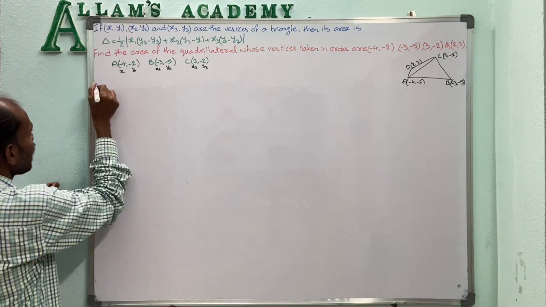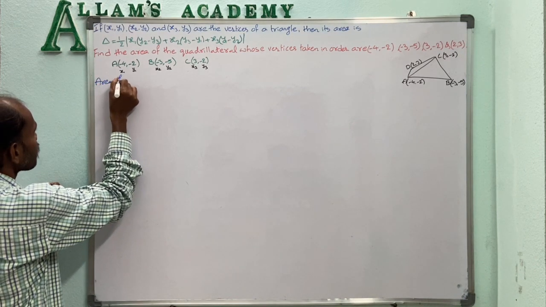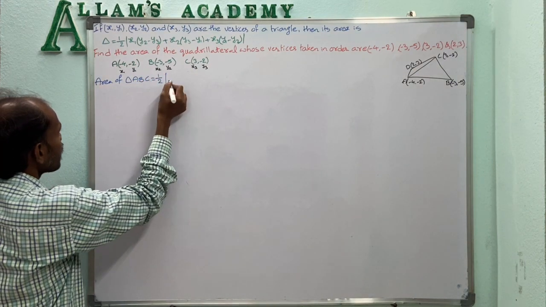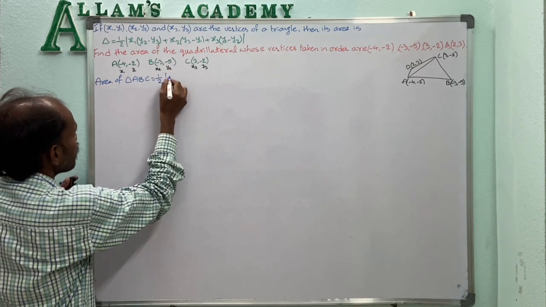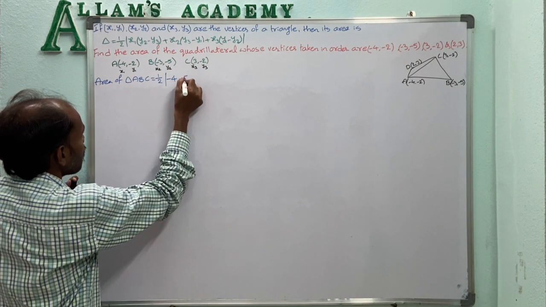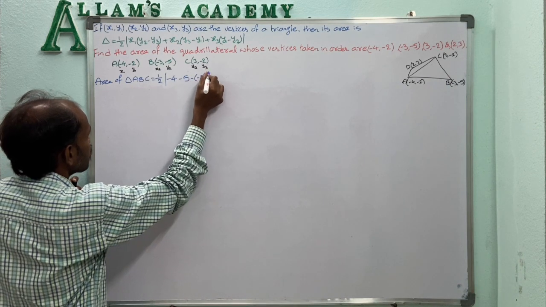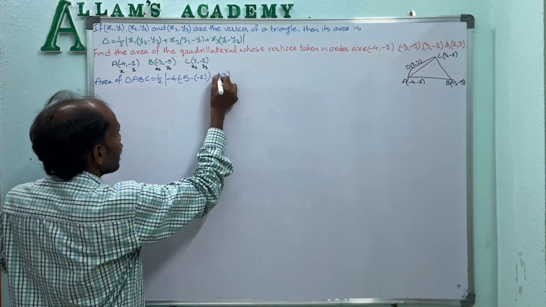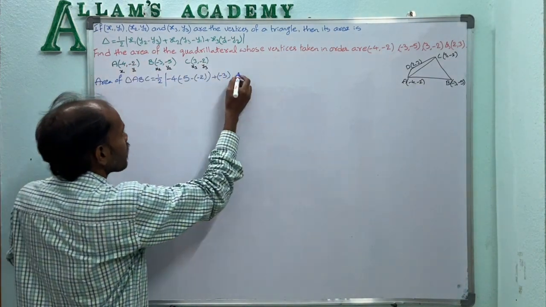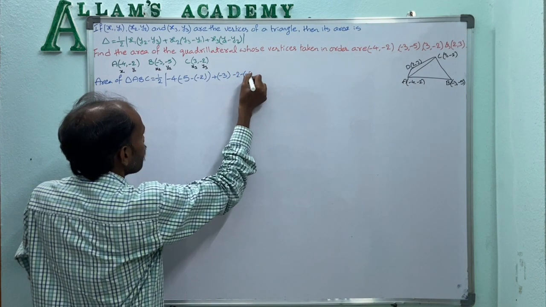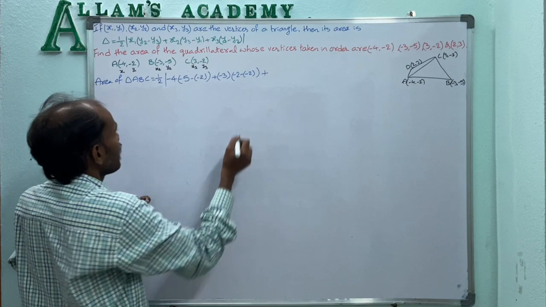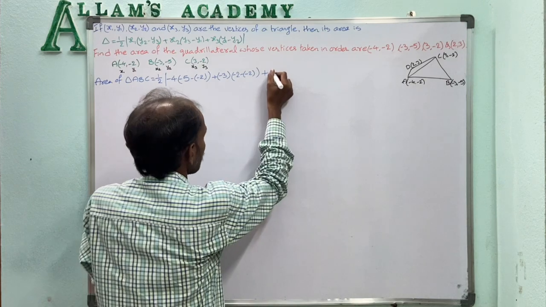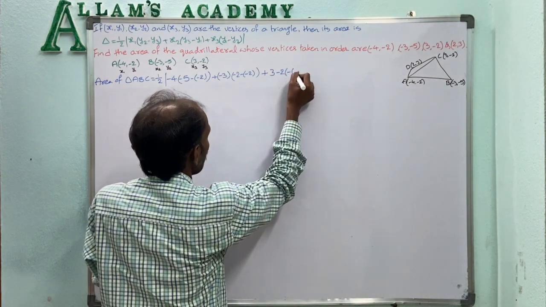Then the area of triangle ABC is equal to half of mod x1 into (y2 minus y3), so -4 into (-5 minus of -2), plus x2 into (y3 minus y1), -3 into (-2 minus of -2), plus x3 into (y1 minus y2), 3 into (-2 minus of -5).